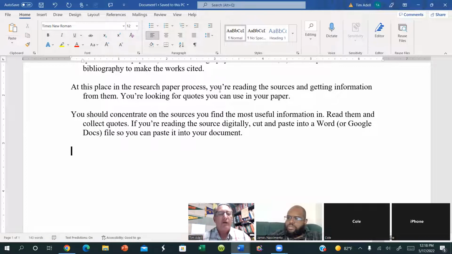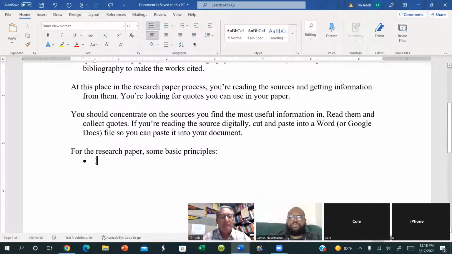So let's give you some basic principles to go on. The first basic principle is it's not anything massively different from a regular paper.